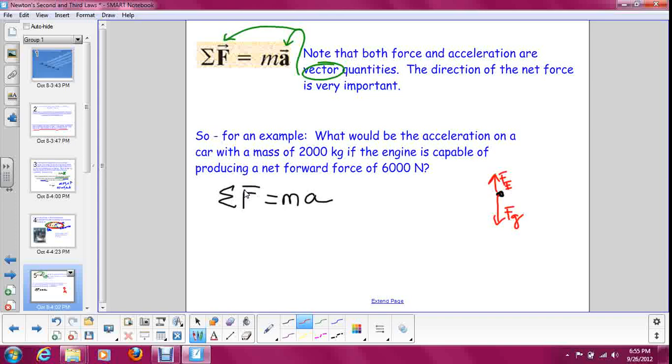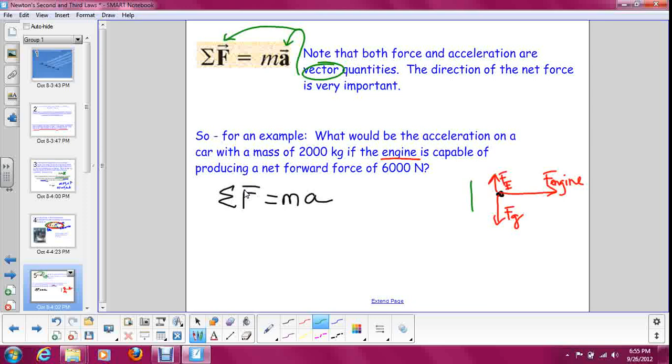And we have a third force, right? The engine produces a net forward force of 6,000 newtons. So that means there's a force of 6,000 newtons pushing this way. And this is the force of the engine. So we can go ahead and make some assumptions here.